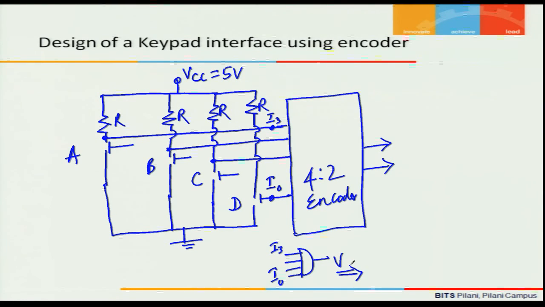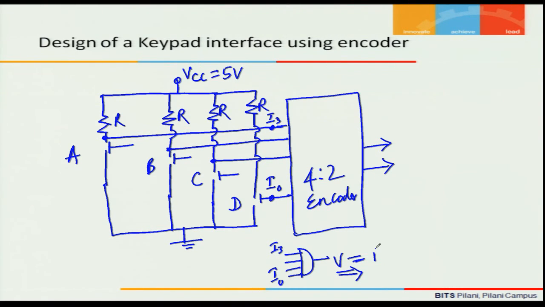For example, if none of the keys are activated, all the inputs I3, I2, I1, I0 as per the circuit are going to be 1, which means the output of the NAND gate is going to be a 1. So we treat this as no key activated.